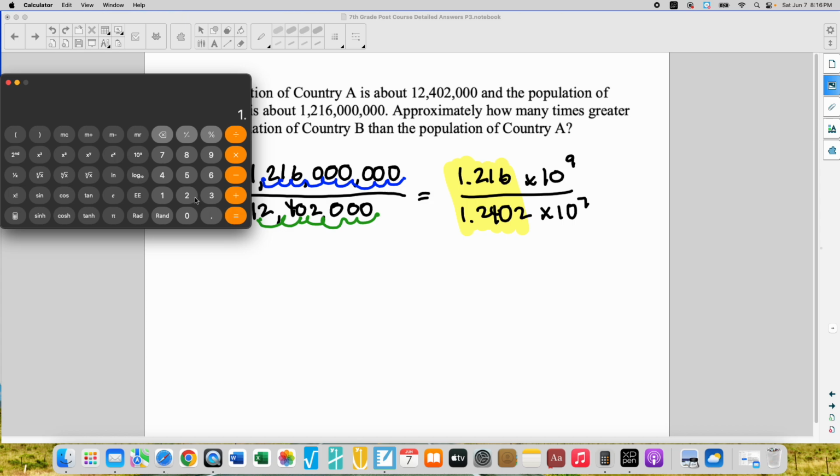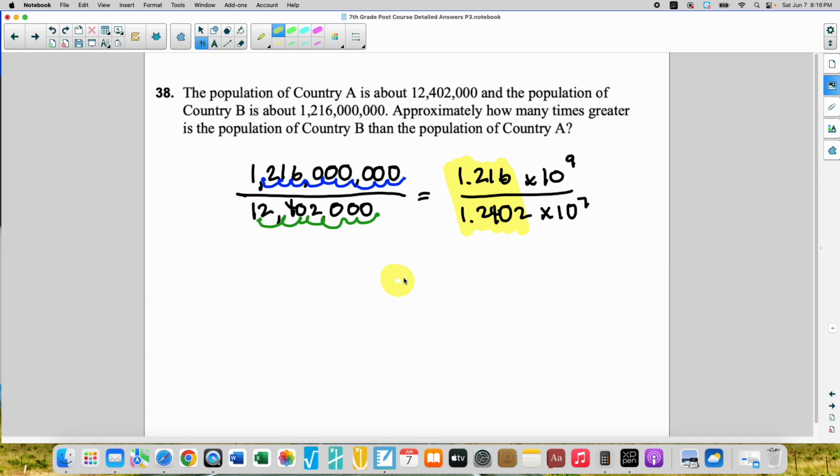So 1.216 divided by 1.2402 gives me 0.980. Whoa. So that gives us 0.980. And now we're going to do the exponents.